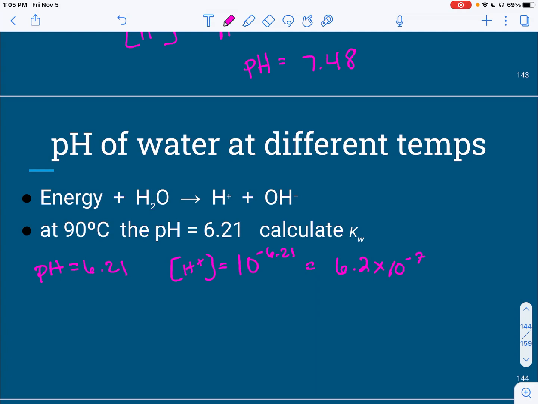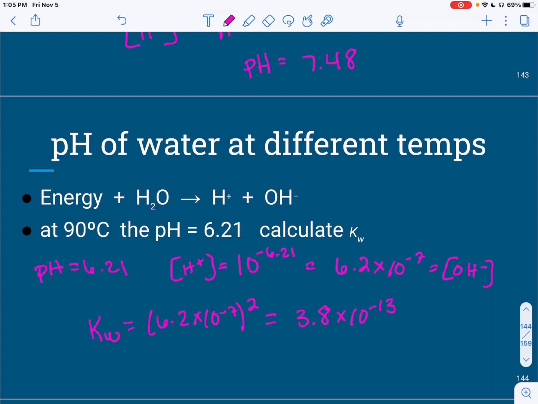That's the H+ concentration and also the OH- concentration because they're equal in water. So Kw is going to be equal to 6.2 times 10 to the negative 7 squared, which comes out to this.